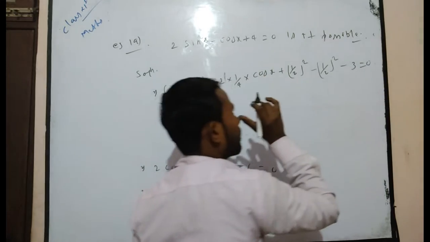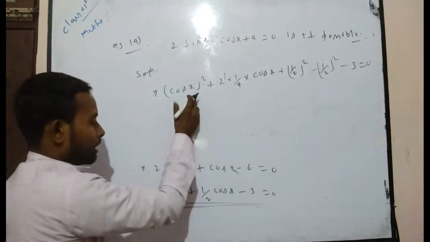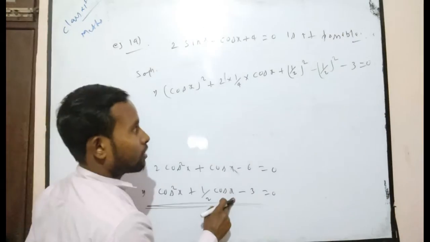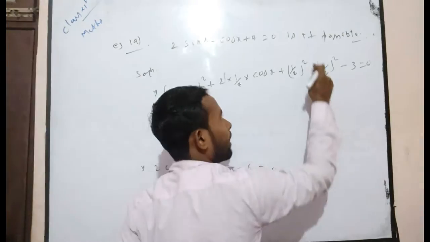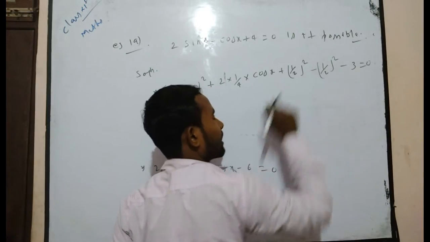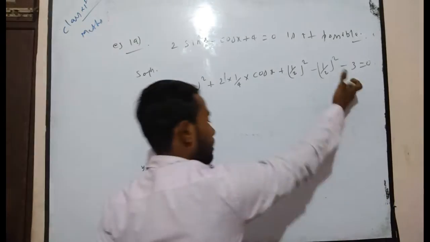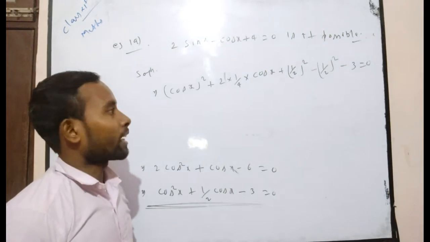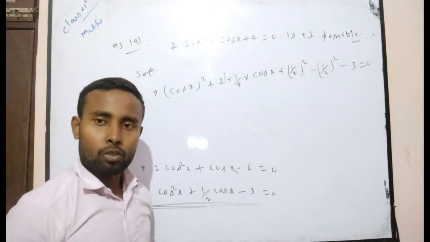Consider how this is possible: cos square x plus 2 times 1 upon 4 cos x, that is 1 upon 2 cos x, and here 1 upon 2 square is added and 1 upon 2 square is subtracted, so both cancel each other out, and finally you write minus 3. This is the way to express it using the complete square method.